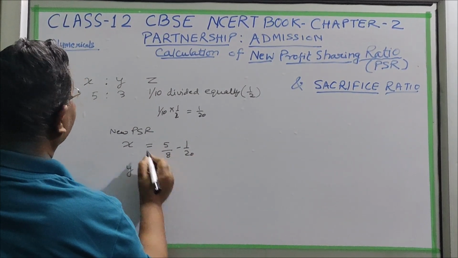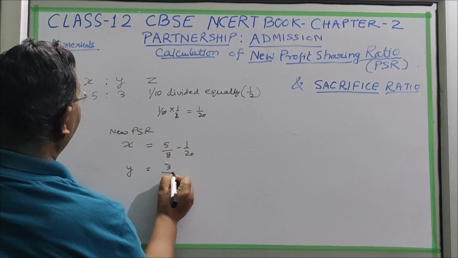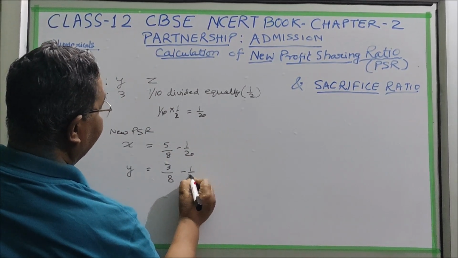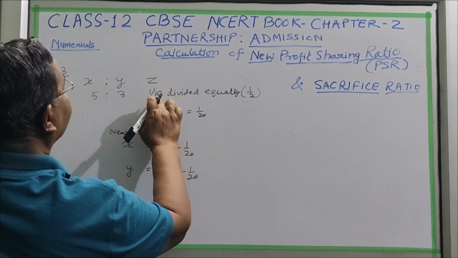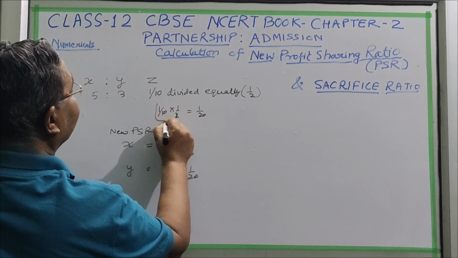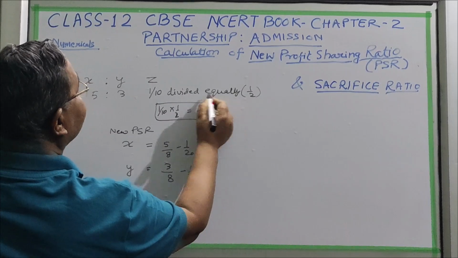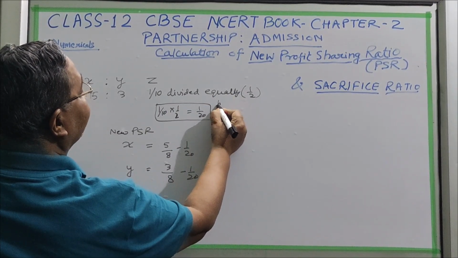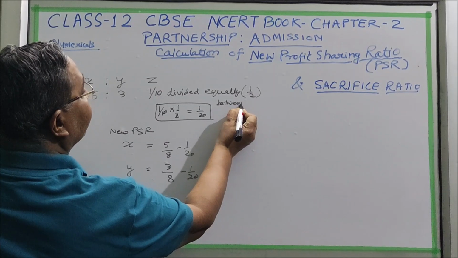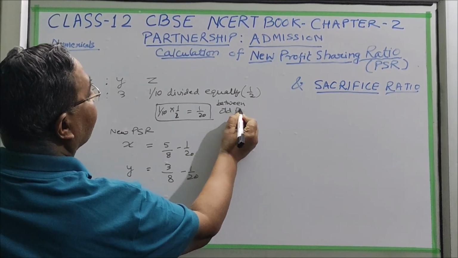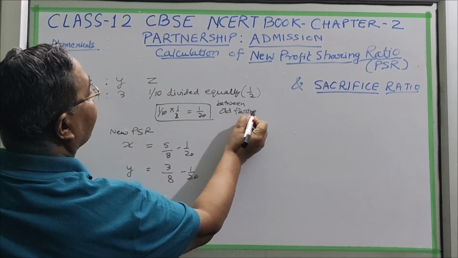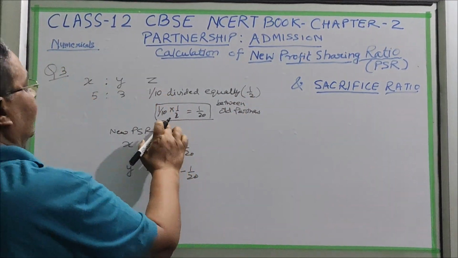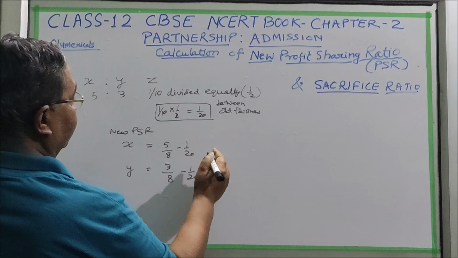And Y is 3, and the total is 8, so 3/8 minus 1/20, because the 1/10 is shared equally, divided equally between the old partners. So equally means half of 1/10 you have to make, 1/10 half we have made, it is 1/20.